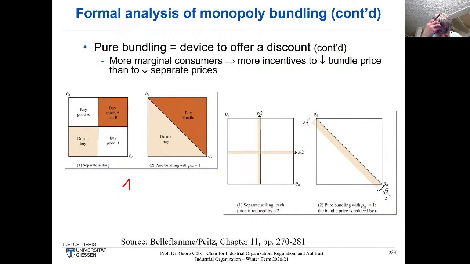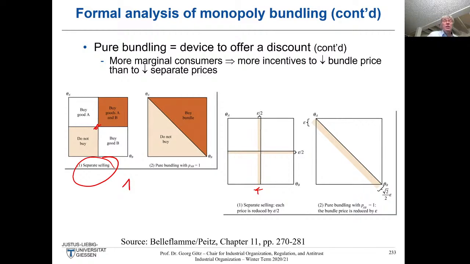Now, the interesting thing is, which price do you want to charge? Is this monopoly price the optimal price also if you sell the bundle? Of course, it's the optimal price if you do separate selling, but if you sell the bundle? So Paul and Martin do some things here, playing around with what changes if you reduce the price slightly, how many consumers you will be able to attract. This is rather tedious. I showed you that in more detail in the notes.